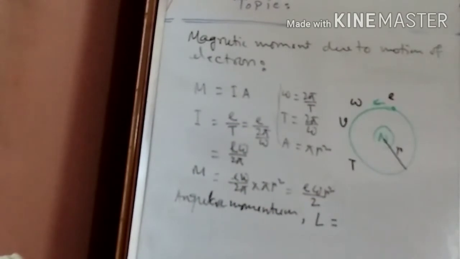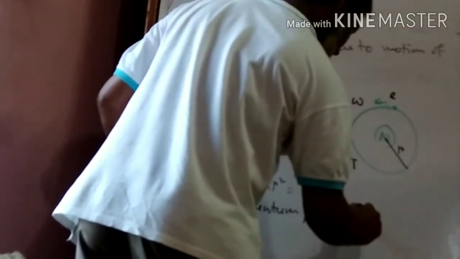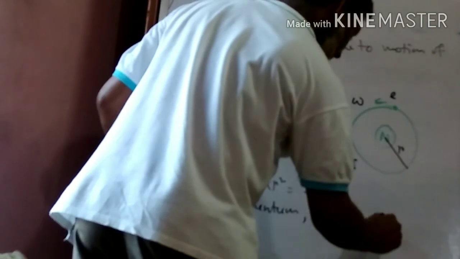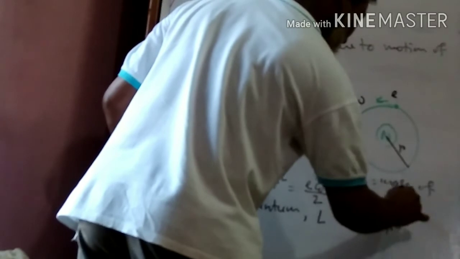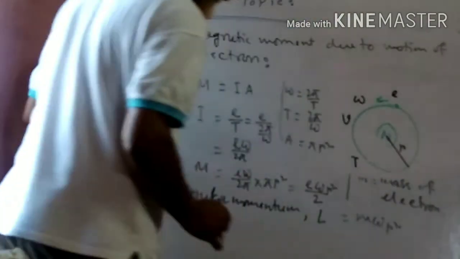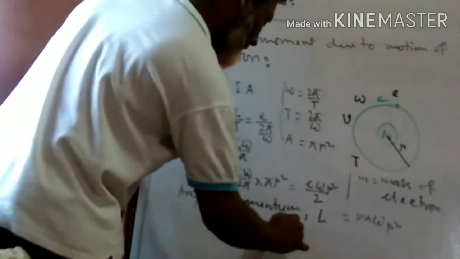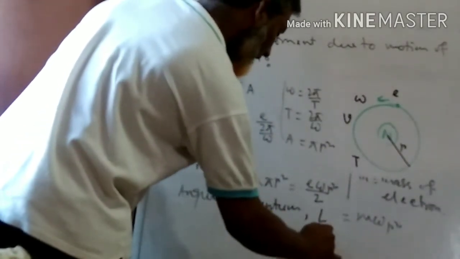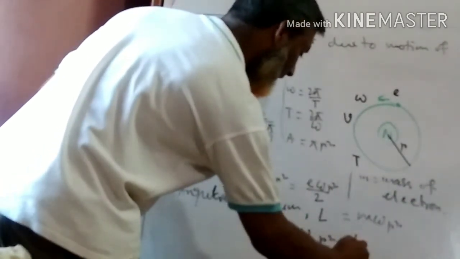M omega R square, where M is the mass of the electron. Therefore omega R square equals L by M.